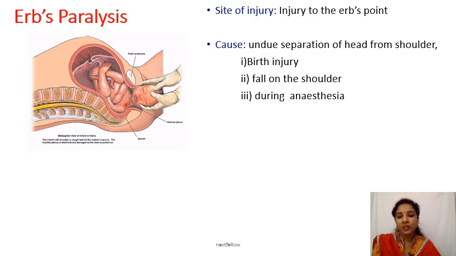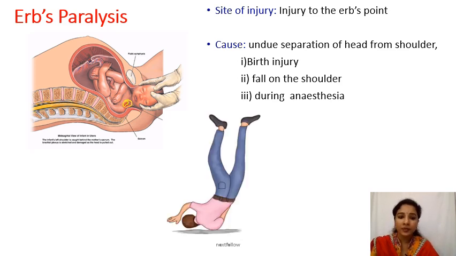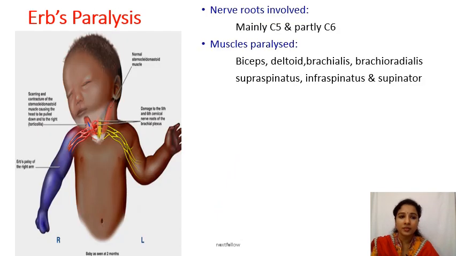In birth injury, an abnormal undue stretch due to the drag of the head may cause undue stretch here in the upper trunk of brachial plexus. This is birth delivery, and a fall from a height over the shoulder causes undue stretch here. You can see here, this is the undue stretch causing damage to the upper trunk of brachial plexus.